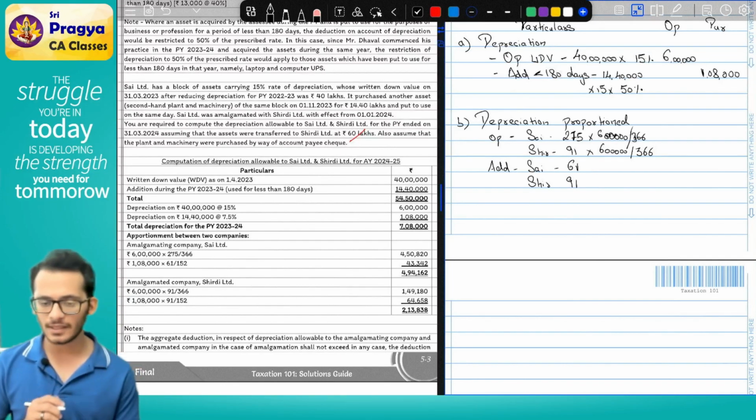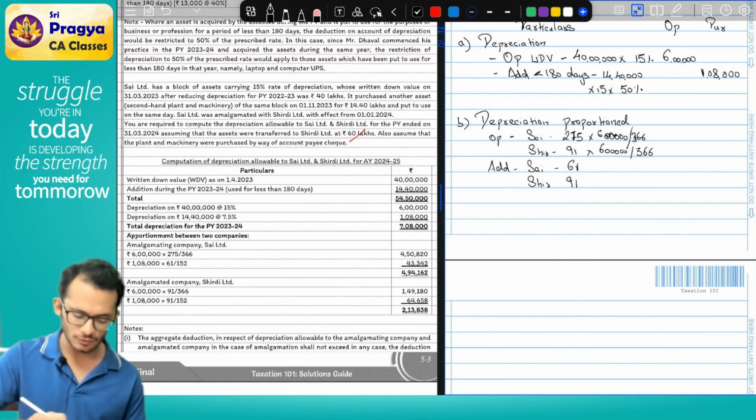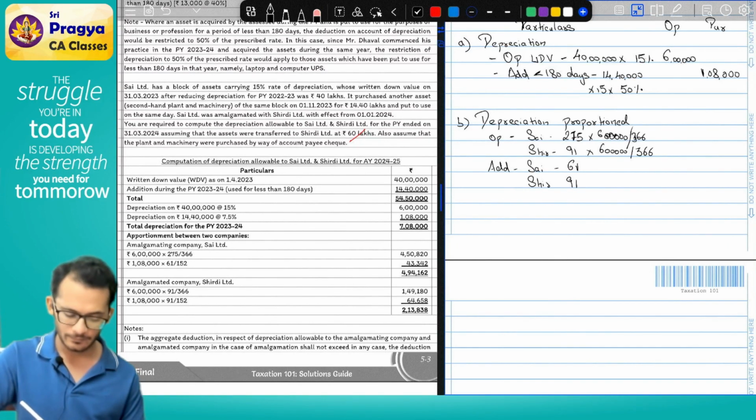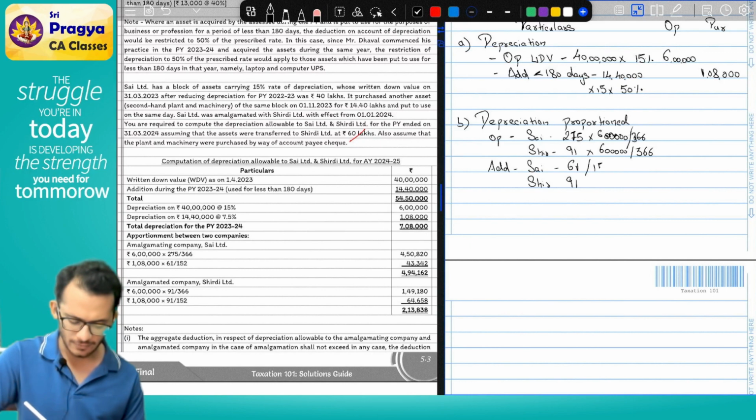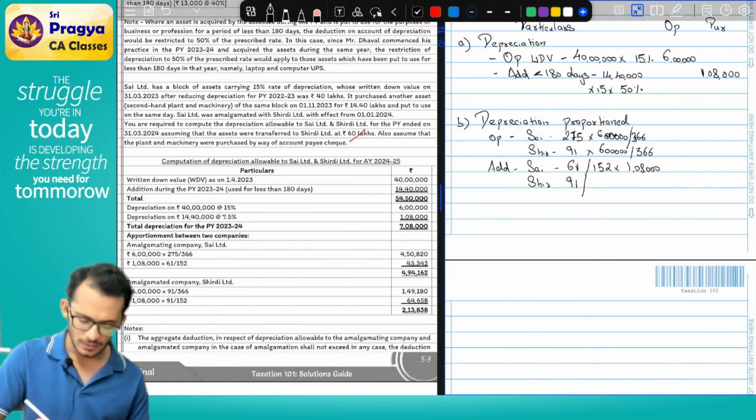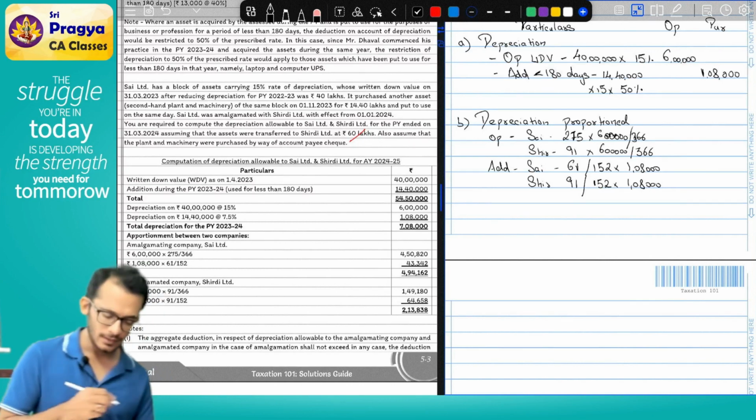Come to the additions part. Totally the asset was used only for 152 days. Depreciation I am trying to proportion is 1,08,000. So I am going to proportion 61 by 152 into 1,08,000 and 91 by 152 into 1,08,000.